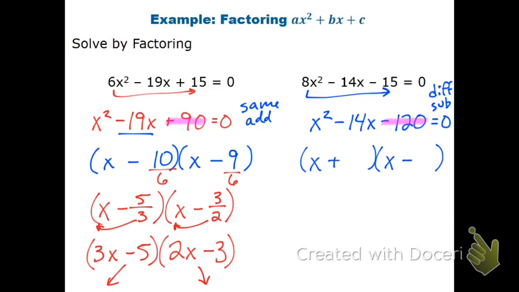I'm going to use the calculator, 120 divided by x, and go to my table to find two that subtract to get me 14. It's going to be 20 and 6. Remember that the bigger number always has to have the same sign as my b value, so it's going to be a negative 20 and a positive 6. Divide them both by my original a value, so divide them both by 8.